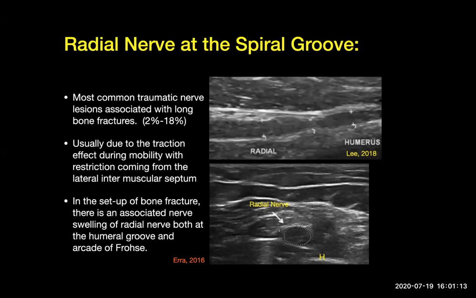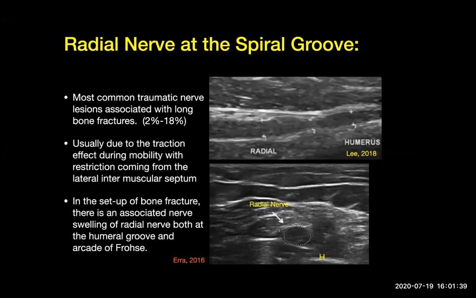If you go on a drinking spree, maybe, and then you accidentally slept on your arm, then suddenly you have difficulty making a grasp. You have a sensory deficit on the dorsal side of your wrist and forearm, and you are actually developing a radial neuropathy because of the impingement at the spiral groove of this particular nerve, the radial nerve.